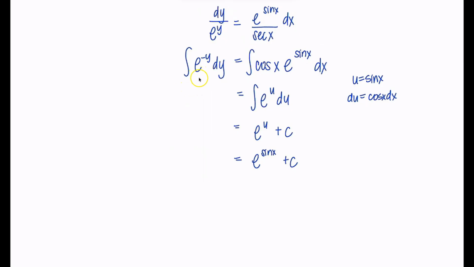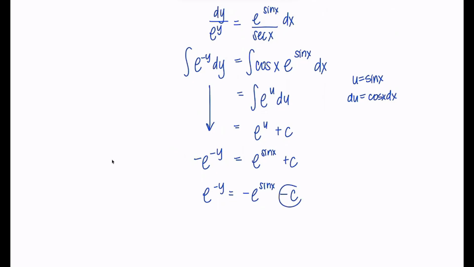Now on the left side, the integral of e to the negative y is going to be just negative e to the negative y. So I'm just going to go ahead and bring that answer down here, negative e to the negative y. All right, so now let's go ahead and attempt to solve for y. I'm going to multiply through by the negative. So we're going to have e to the negative y is equal to negative e to the sine x, and then minus c.